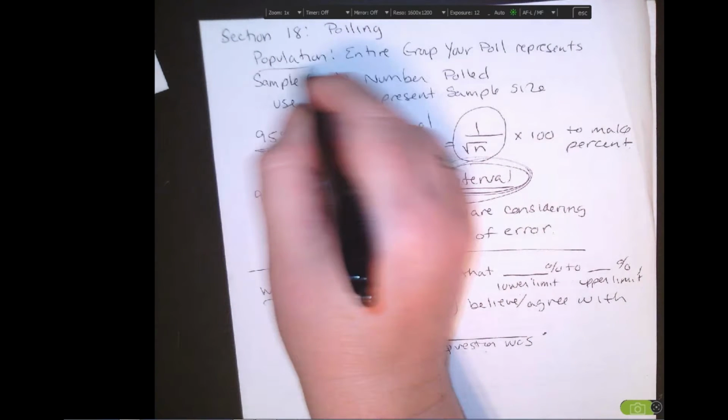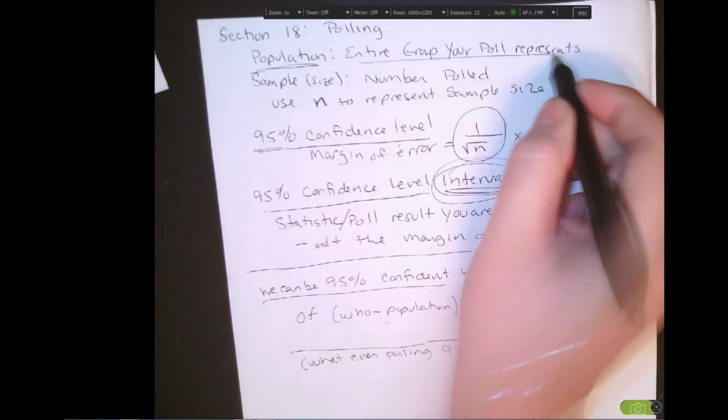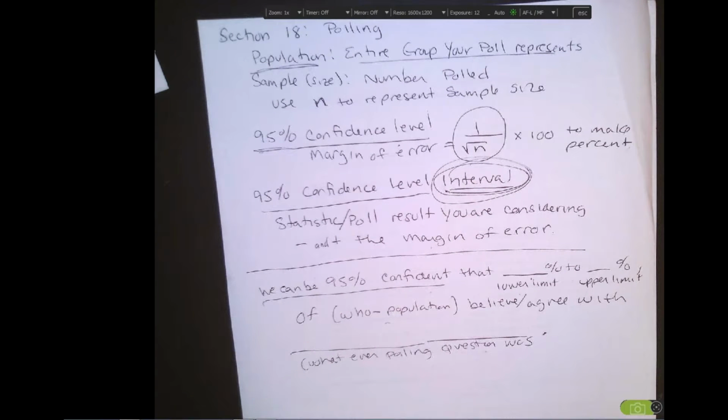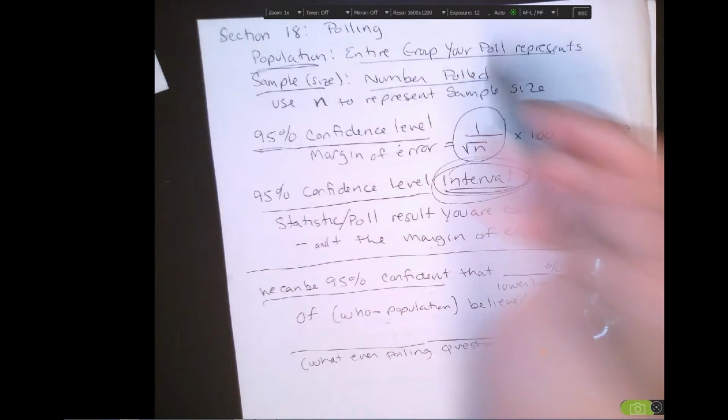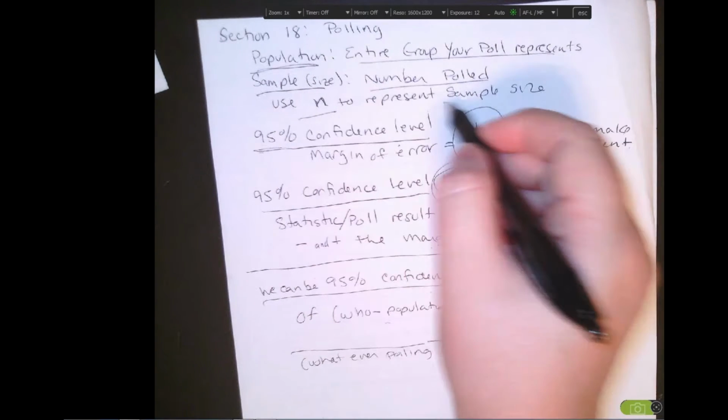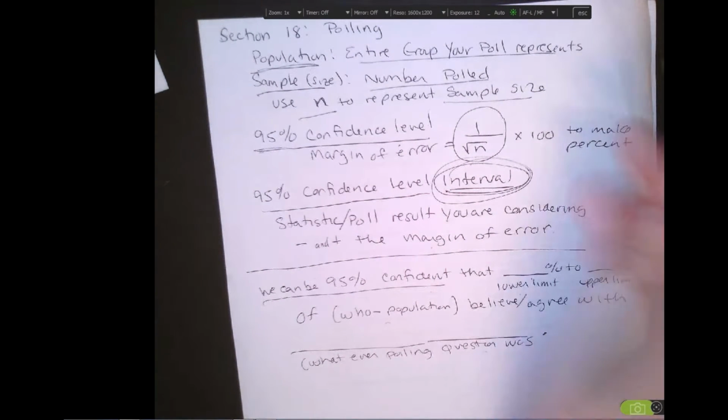The population is the entire group your poll represents, not the number of people you poll. The population is that entire group that it represents. The sample or sample size is the number polled. We use N to represent the sample size.